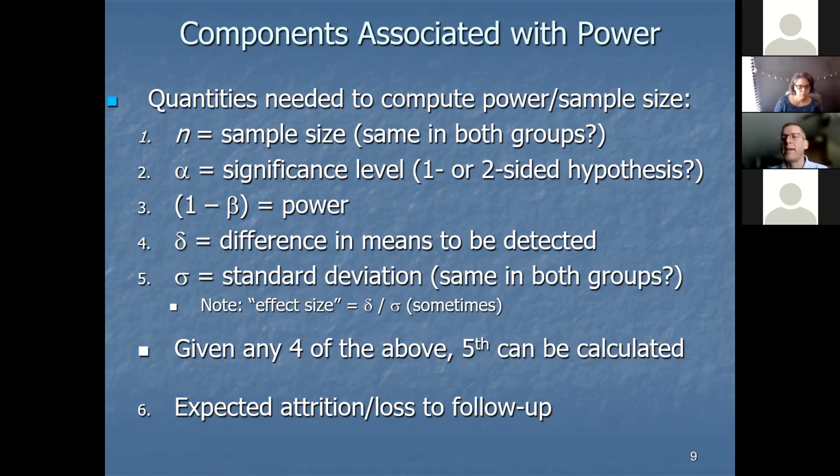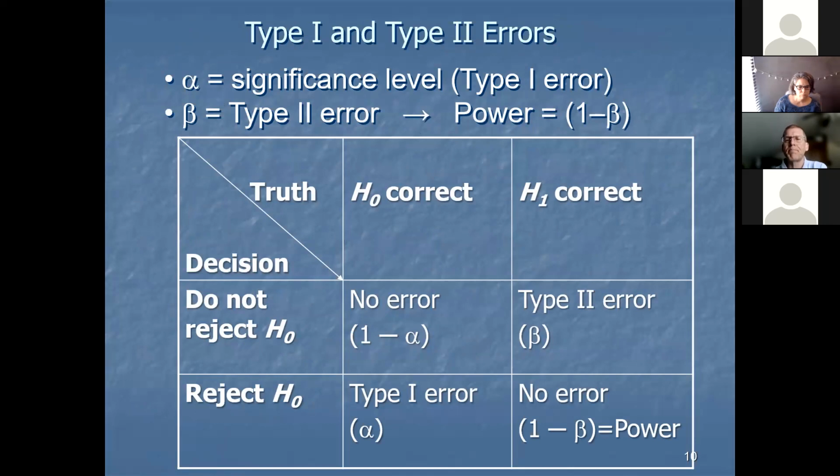Another way to say that is, if I expect to have, say, 20% or 25% attrition, I need to take the sample size that I've calculated and inflate it, so that after the attrition, I end up with the calculated sample size. So there's just another step in the process to provide that inflation. And we'll come back to that when we look at the example.